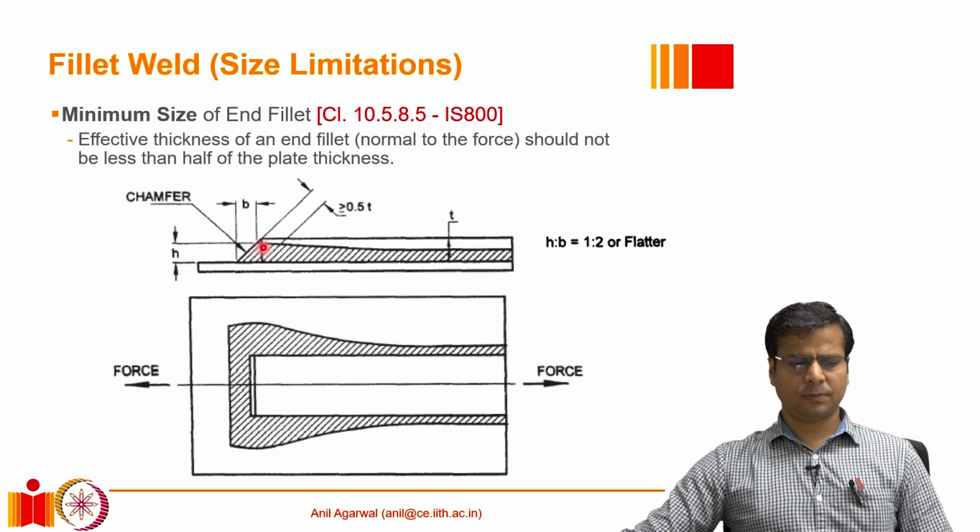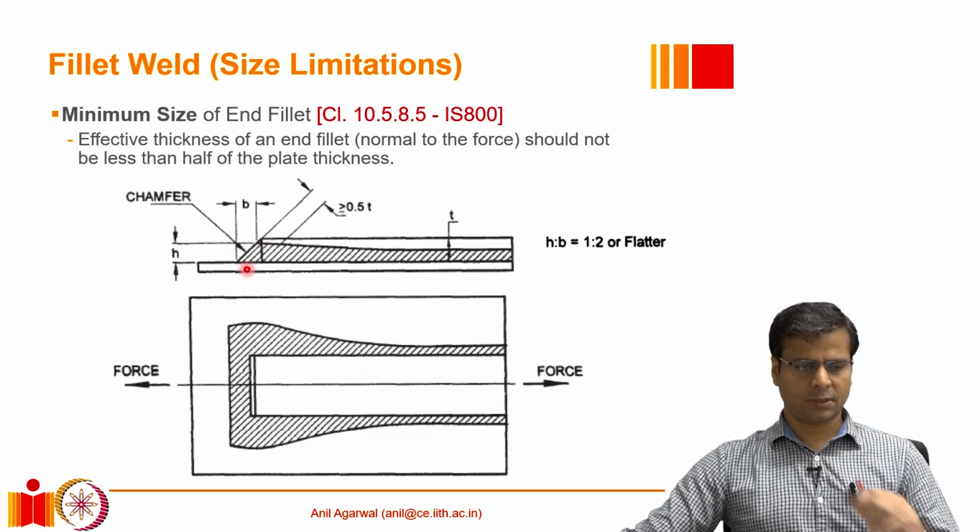In such a situation, the Indian code requires us to have an end fillet in such a way that it creates an inclined plane on this surface. If you see a chamfer in such a way that this H by B ratio is 1:2 or flatter. So this weld should not be an equal sided weld.